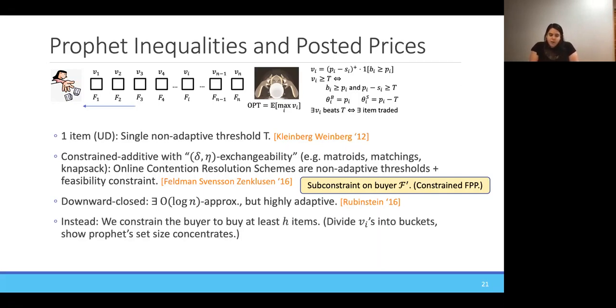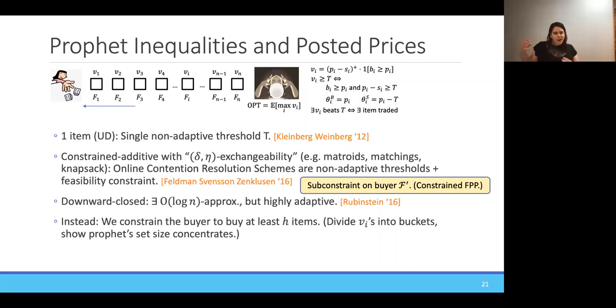So instead we use a different result that's sort of like bundling, but instead of bundling the value, we bundle the number of items. We divide the same VI variable, the sum of it, into buckets. And we show that the optimal size that the profit wants to take concentrates.